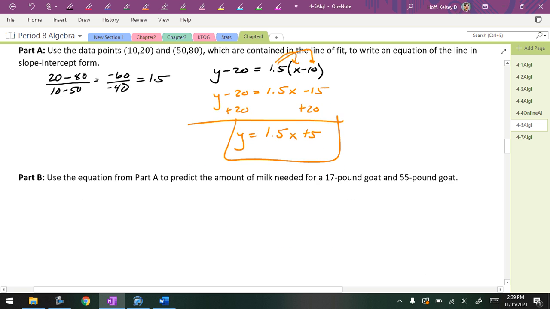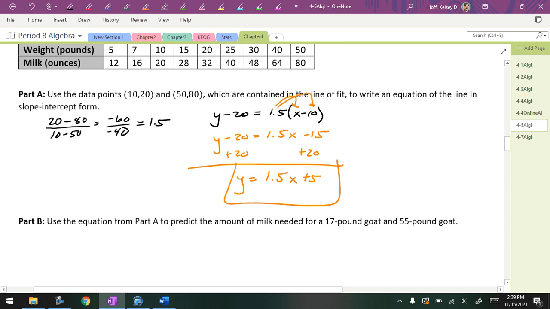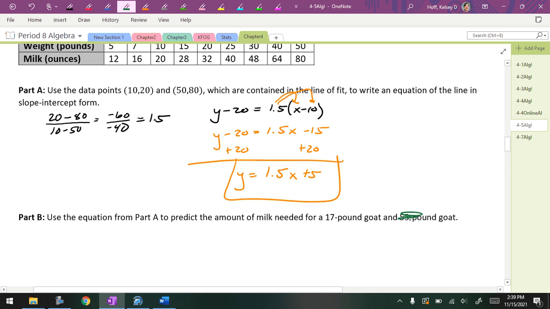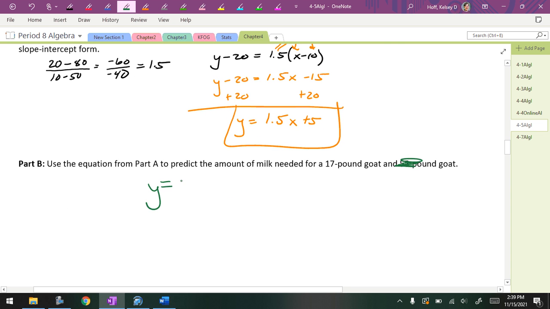Okay. Use the equation from part A to predict the amount of milk needed for a 17-pound goat and a 55-pound goat. Which one do you want to do? 17 pounds, which is your x. So y equals 1.5 times 17 plus 5.